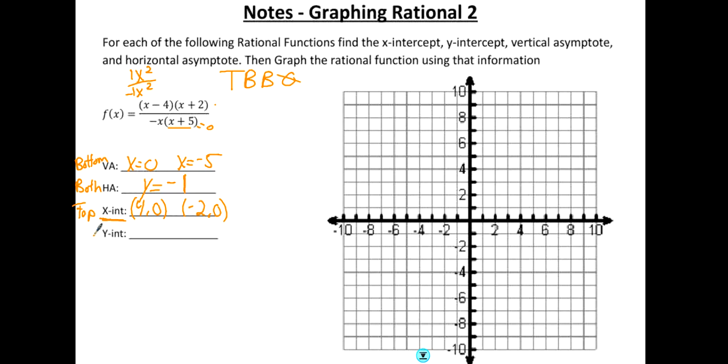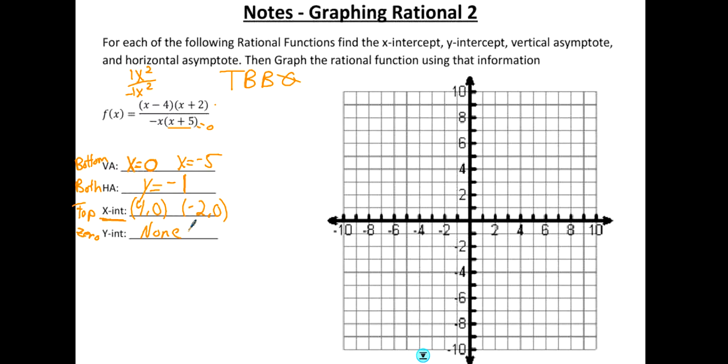And then finding my y-intercept, that's the 0 part. So what we're going to do now is plug in 0. But we already know if we plug in 0, that's a 0 of my denominator, and I have a vertical asymptote at x equals 0, which means we don't have a y-intercept.